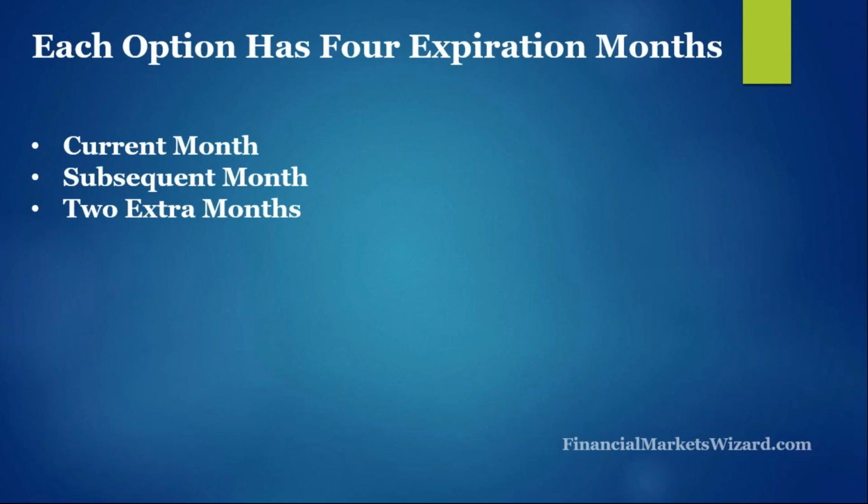These 2 months depend on the option cycle to which this stock is assigned. So by looking at the option chains, you will see which months they are assigned, and if you know the formula, then you will understand which cycle the stock is in.